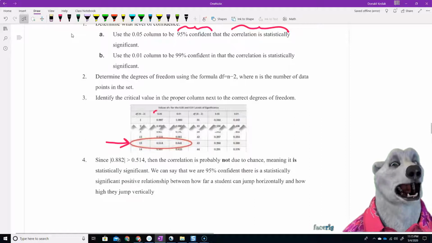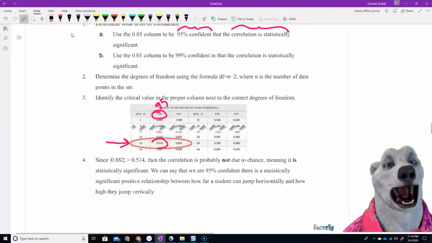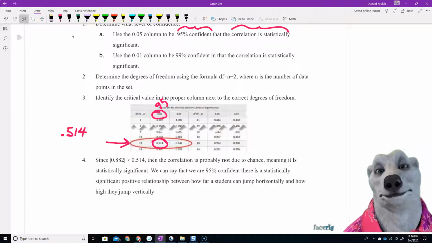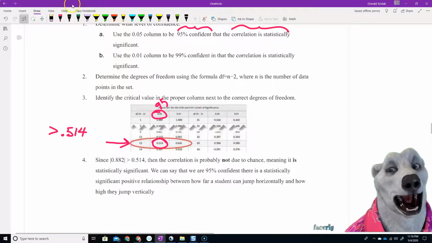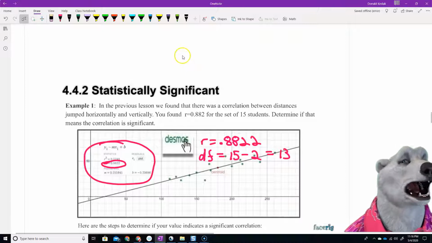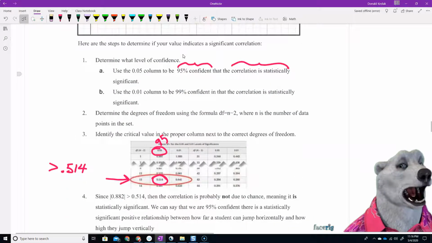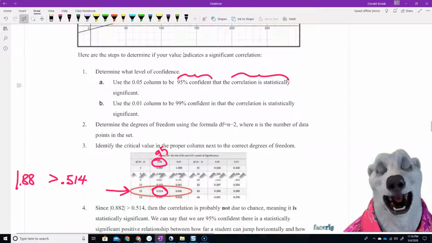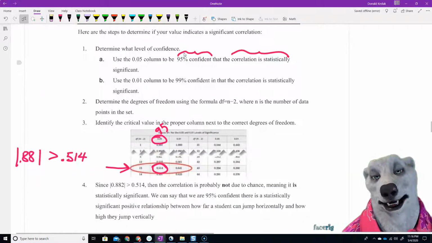We go to the 95% column, and our value has to be greater than 0.514, and that's the absolute value of it. Well, this doesn't really matter because it's positive, but we had an R value of 0.88.